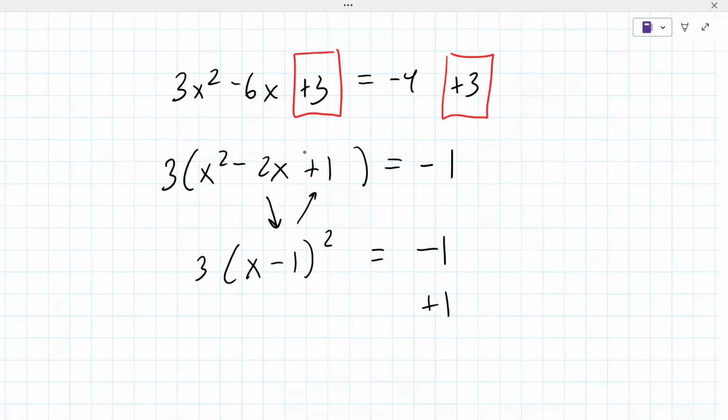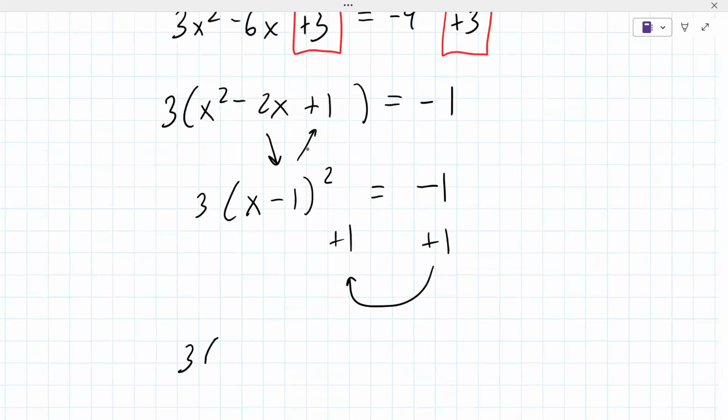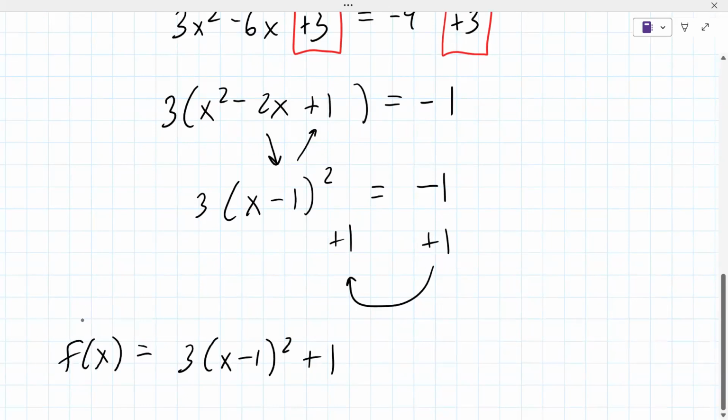You move this one back by going back over here, so 3 times x minus 1 squared plus 1, f of x equals like that. Got it.